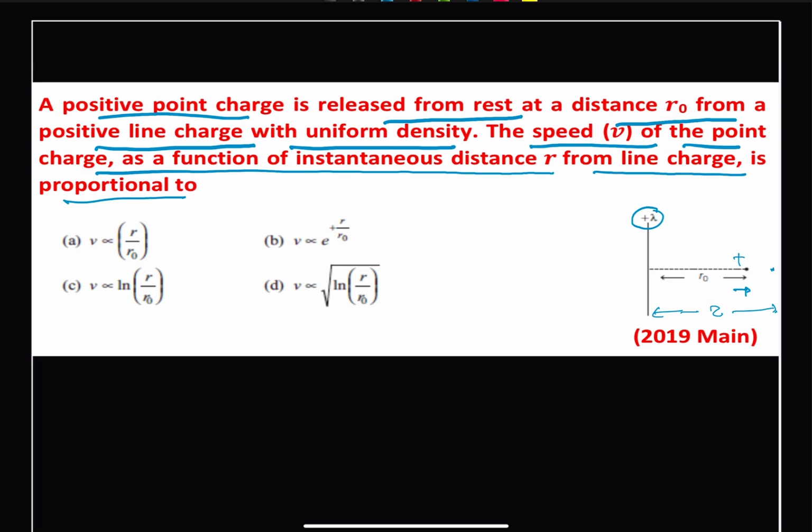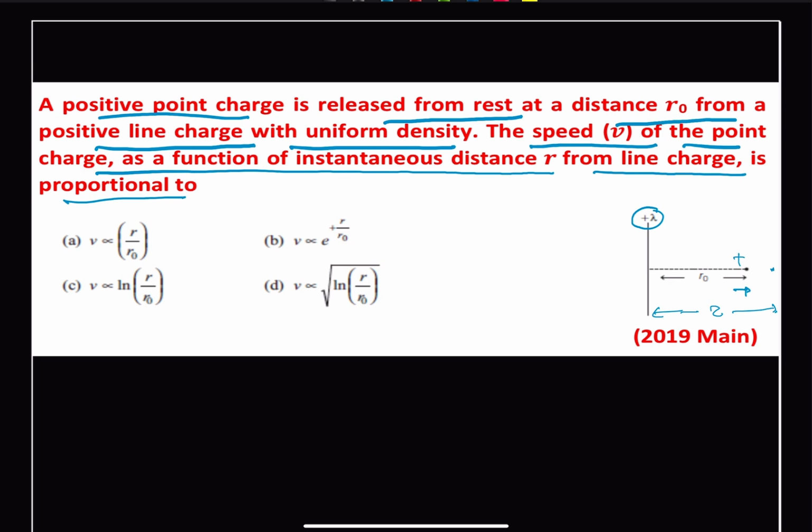So we can find out the electric field, and from the electric field we can find the potential difference, which will give us the energy, and conservation of energy will result in a velocity equation.